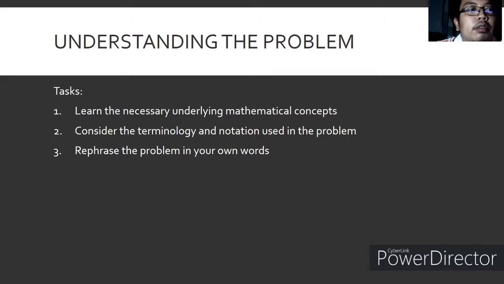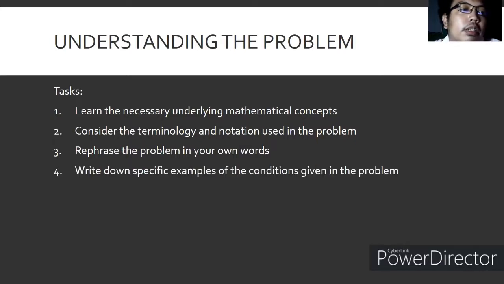Try to translate it in your own words, because if you can translate the problem in your own words, it means you really have understood that concept or what is being stated. Write down specific examples of conditions given, so you have to list down all the conditions written in the problem.